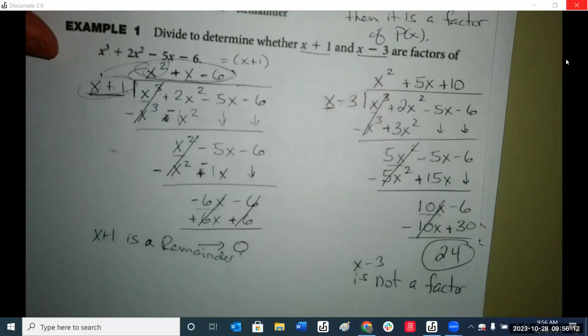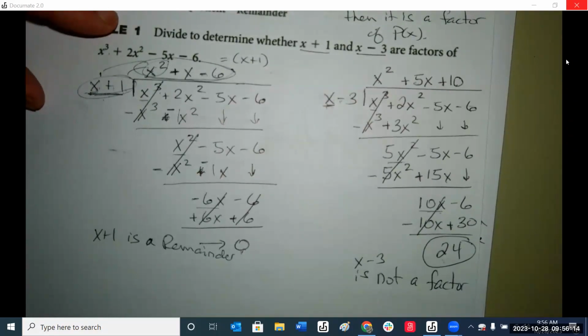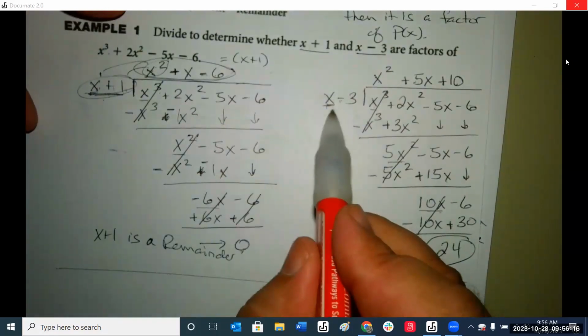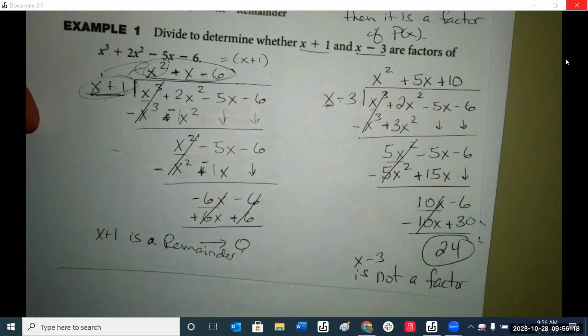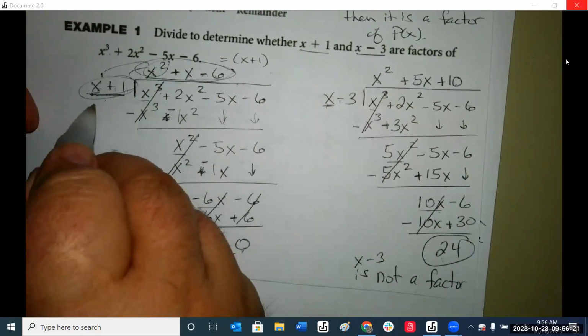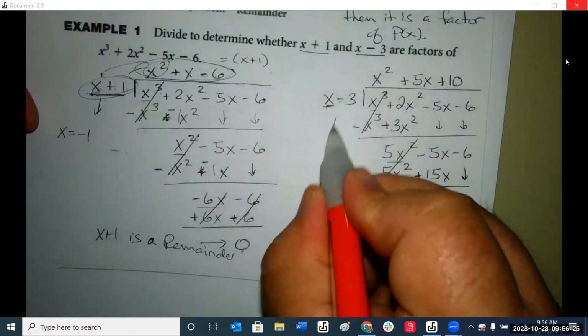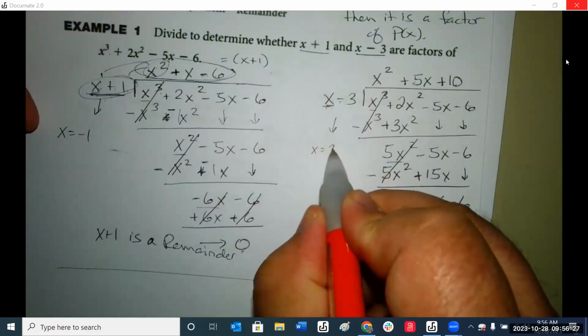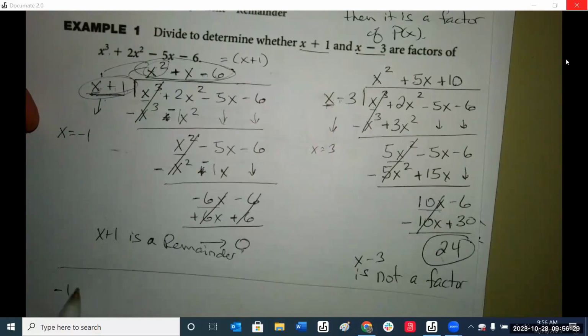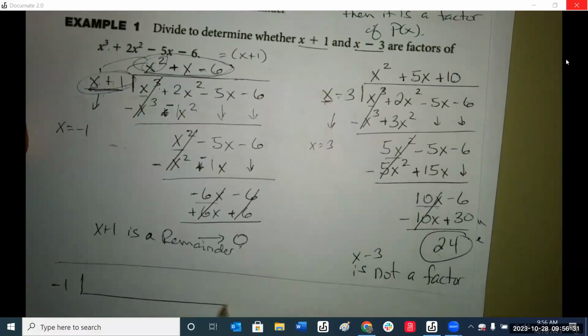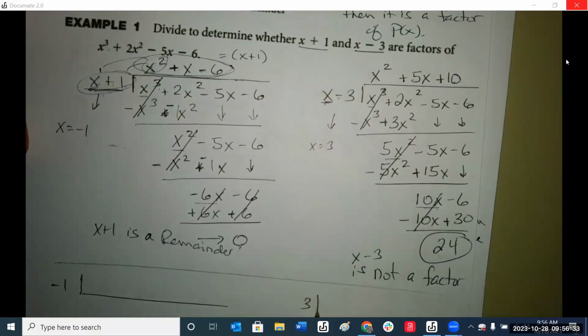Let's go back to the original 2 that we did. Let's do synthetic. Since the x plus or minus a number, we can do synthetic. So with this one, we get x equals negative 1. And this one, x equals 3. So we have negative 1. And then we have 3.